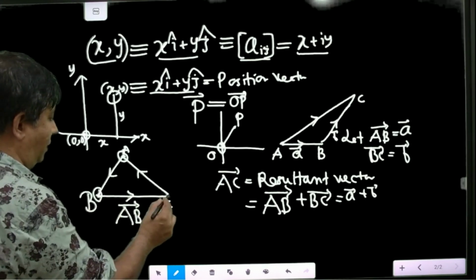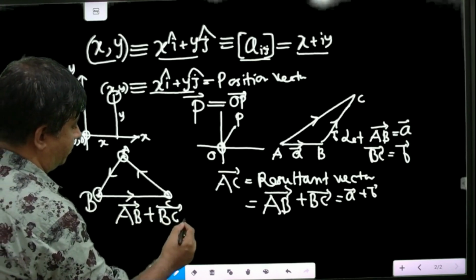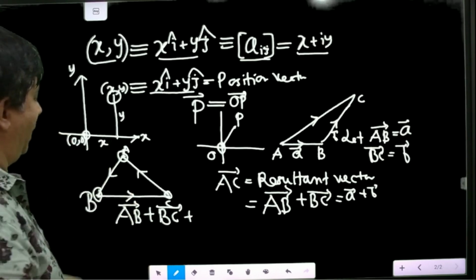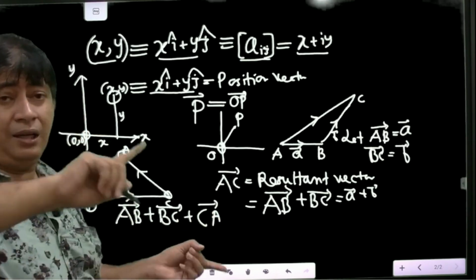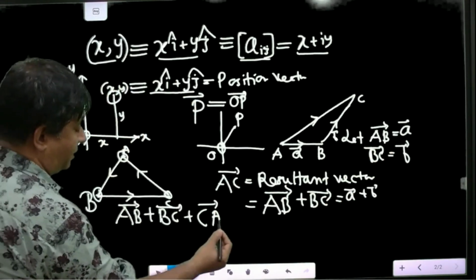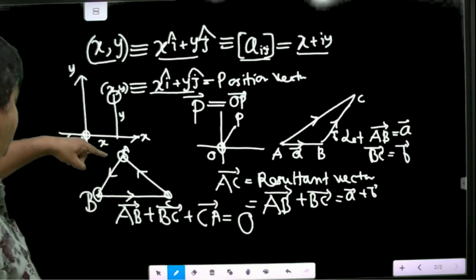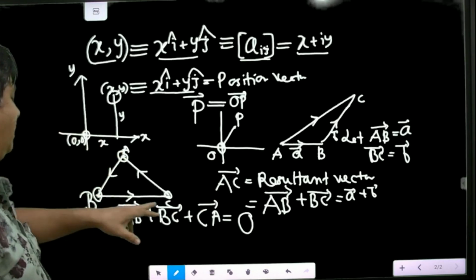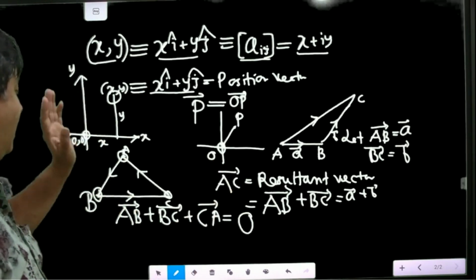Then B to C. Then C to A. That means the final and initial position coincide. It is called zero vector. Its vector displacement is zero. Initial and final position matched or coincide. That is called the triangle law.